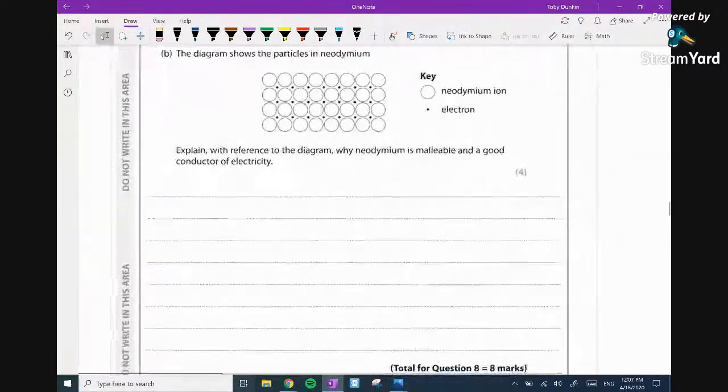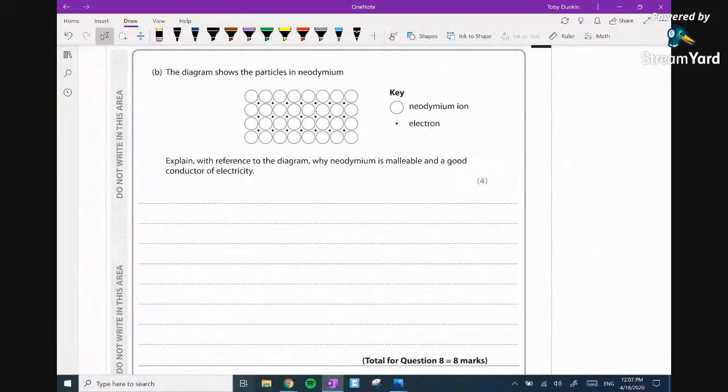Right, next, explain. Okay, so the diagram shows particles in neodymium, and it says it is malleable and a good conductor of electricity. So we've got 2 things that we need to explain.